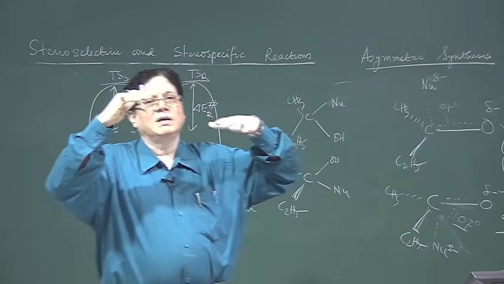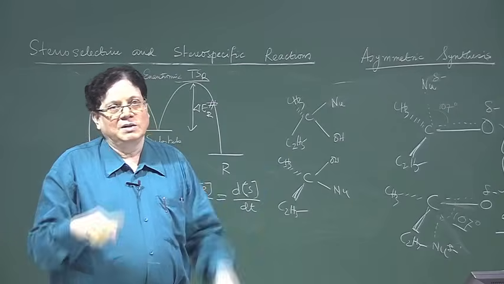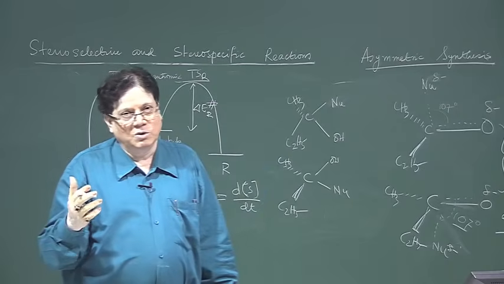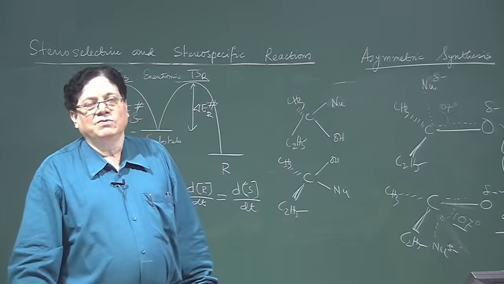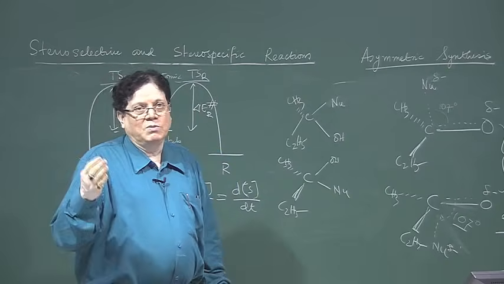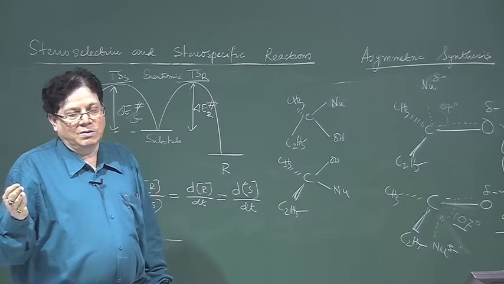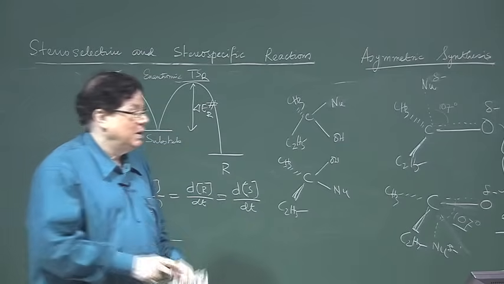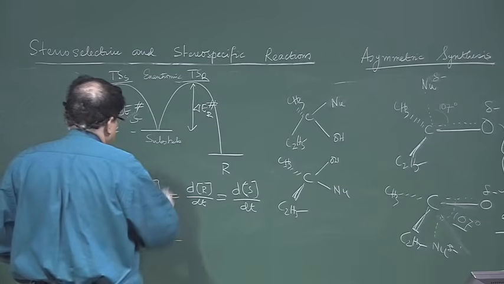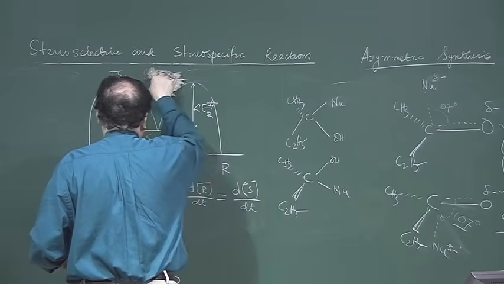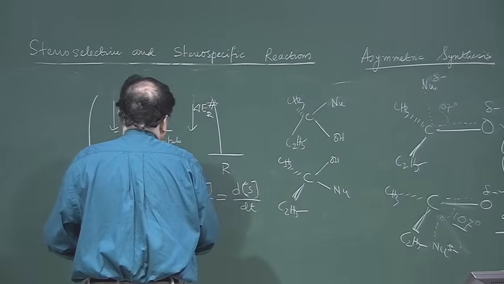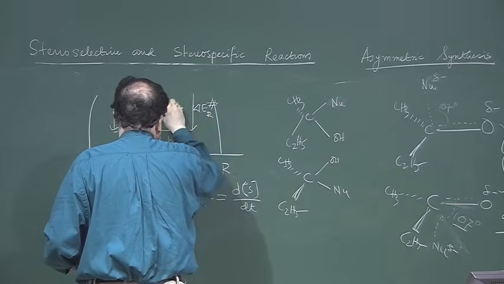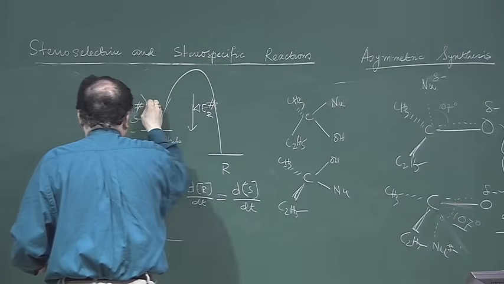If they have different energy levels, then the activation barrier changes for the formation of both compounds, and then there is a possibility of formation of one compound over the other, one configuration over the other. That is the principle of asymmetric synthesis. Whatever you do, you have to make these transition states differ in energy. Suppose this will be bigger and this will be smaller.